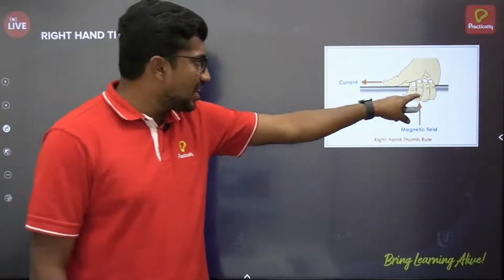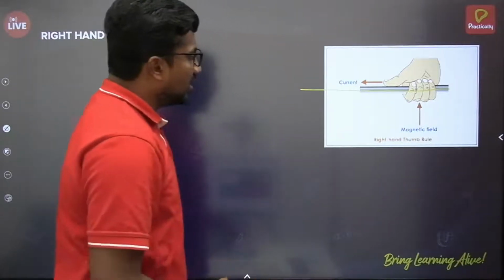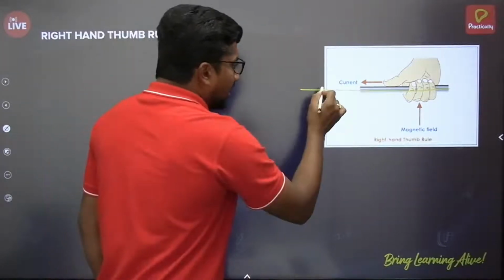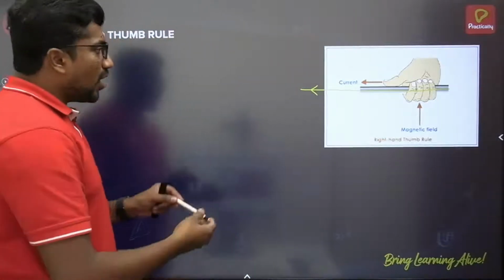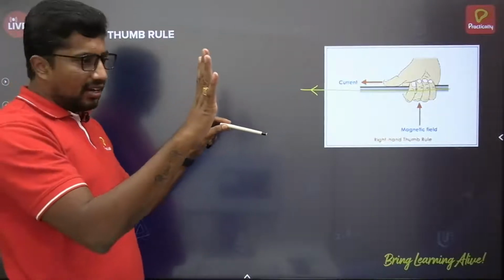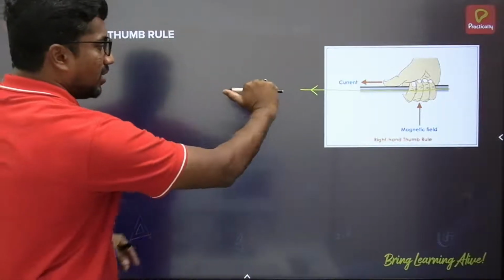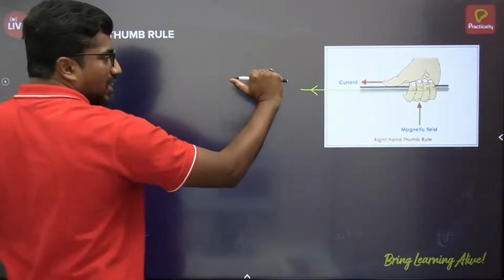So this is the conductor, and this is the direction of the current. If you are holding the conductor with your right hand in such a way that the thumb points along the direction of the current, then the curled fingers will represent the direction of the magnetic field. Very simple. Suppose the direction of flow of electric current is from here to here, I hold like this and keep the thumb along the direction of the current.